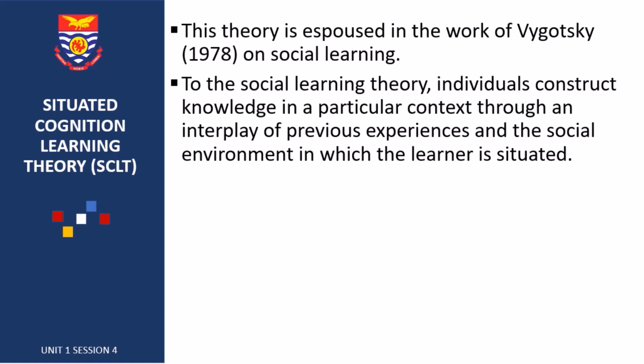So there is an interaction, some kind of interplay, between what the learner already knows, or the experiences that the learner has gone through, and the environment. So here, social interaction plays a major role in learning among students.